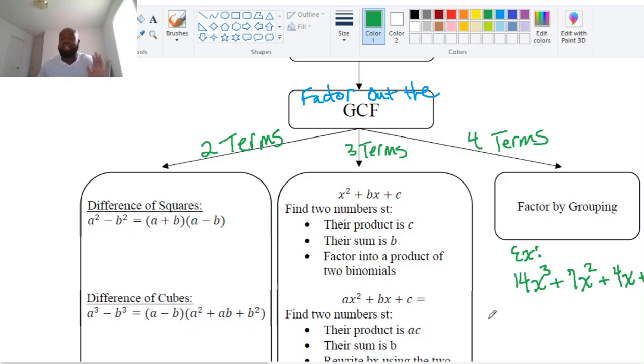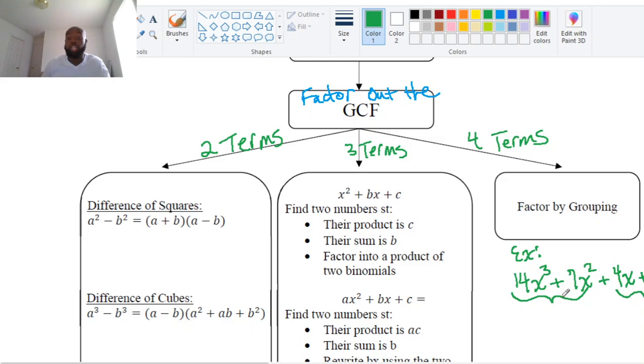All right, I just made that up on the spot. So this polynomial has 4 terms. So what I'm going to do here is factor by grouping. I'm going to group the first 2 terms together and the second 2 terms together.